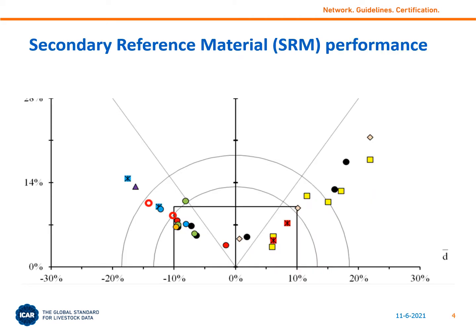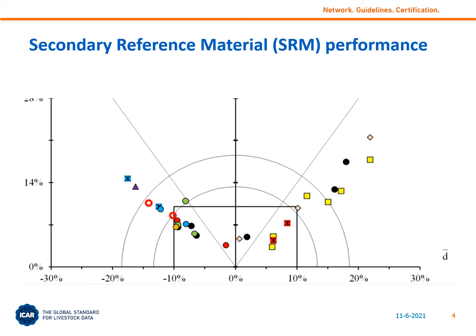Using the information collected with the questionnaire distributed in the frame of the project Reference System for Somatic Cell Counting, it was clear that the laboratory performance distribution was due to the use of different secondary reference materials. This is still confirmed today.